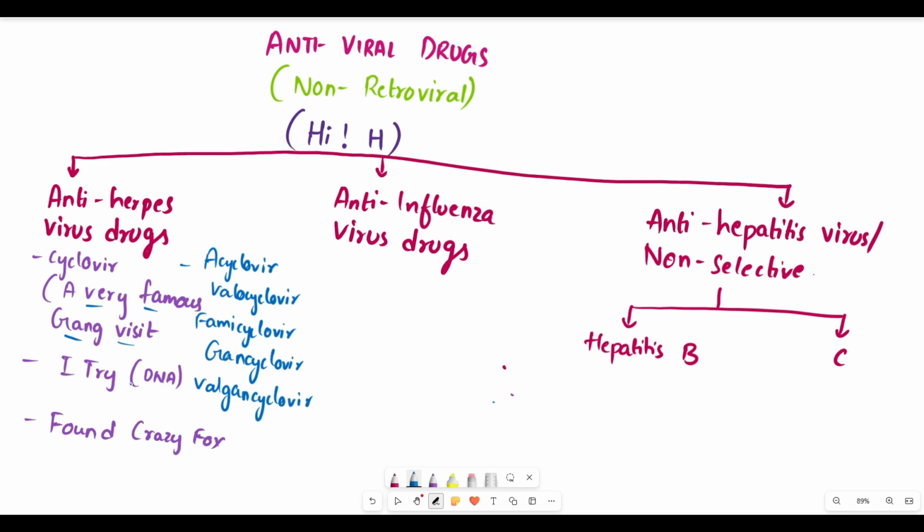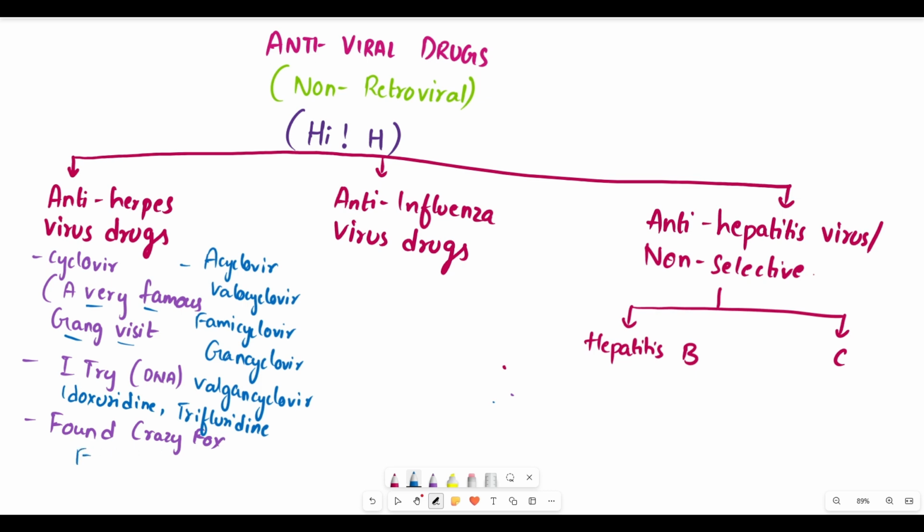Now coming back to the second part, I try, some DNA related drugs, where I means it is the first example, that is idoxuridine. And T means it is one more example, that is trifluridine. Now coming back to this third part, fox crazy fox.